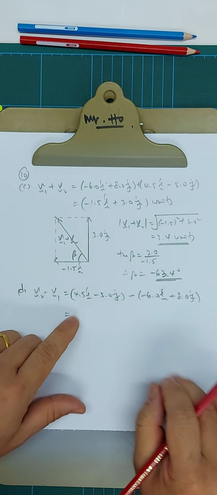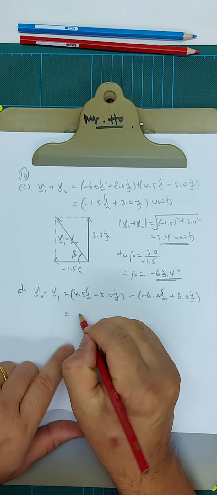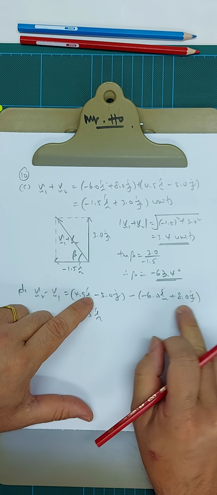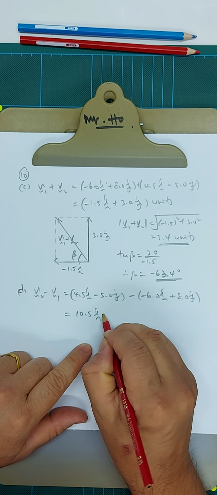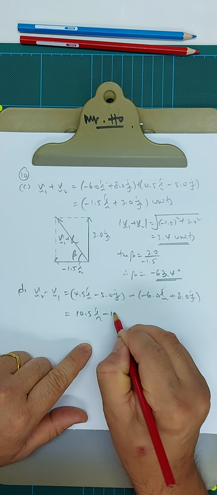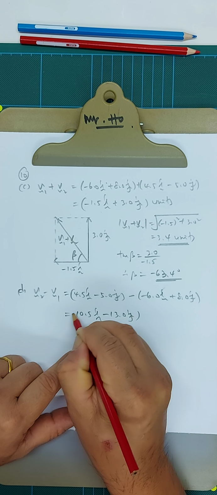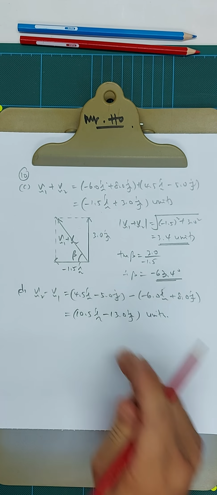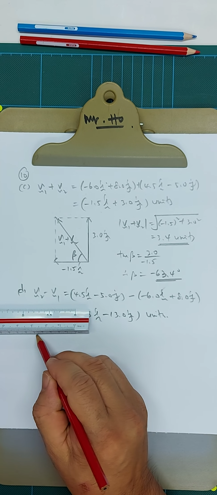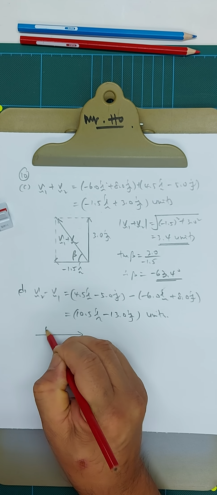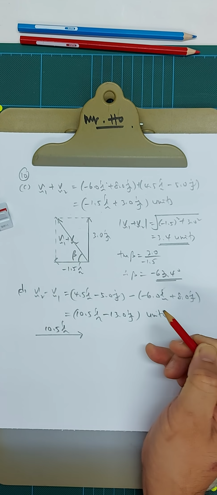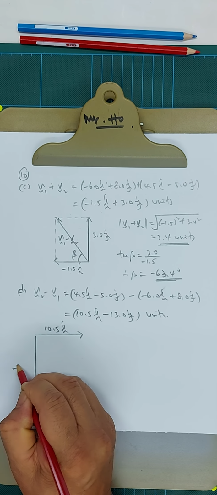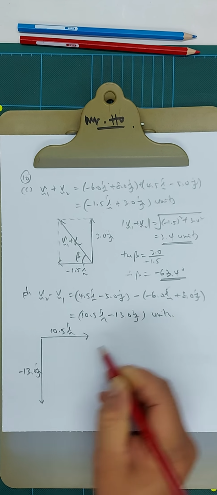So we subtract, and we get 10.5i, and the j part becomes negative 13.0j units. Then we draw this vector. The first one is 10.5i, the next one is negative 13.0j.